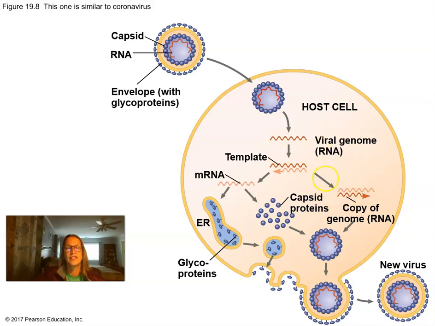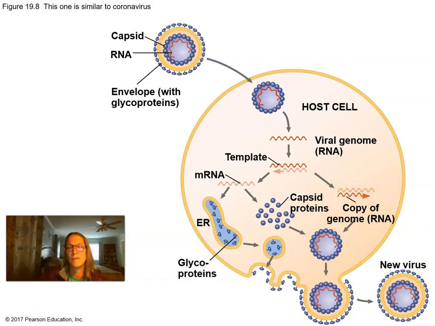There are several different ways this can work, but in this case we have the viral RNA working as a template, which is making new mRNA over here, which is going to create proteins, viral proteins, remember, not host cell proteins. The other thing that can happen is the viral genome can be copied, because in this case the virus may have additional enzymes which help the RNA be copied.